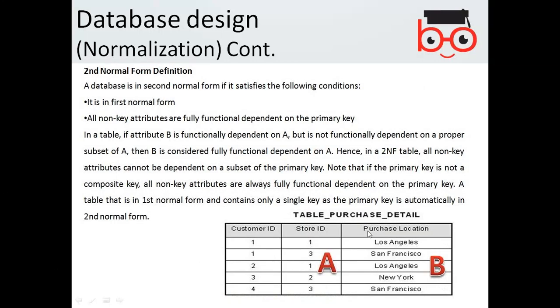Now, a database is in the second normal form if it satisfies the following conditions. It should be in the first normal form. All non-key attributes are fully functionally dependent on the primary key. Now, look at the table: customer ID 1 is using store ID 1, and the purchase location is Los Angeles.